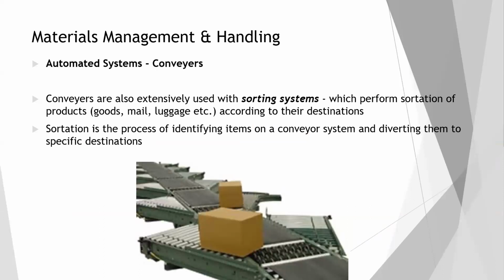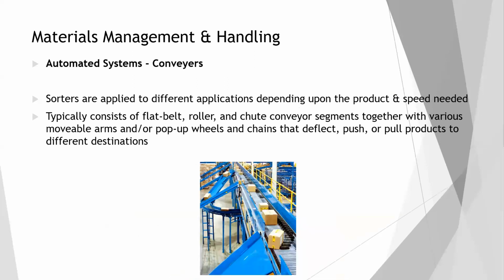Conveyors are also extensively used with sorting systems. Sorting systems perform sortation of products and goods. Mail is a very common one, and luggage, according to the different destinations that the products need to go to within a facility. Sortation is the process of identifying items on a conveyor system and then properly diverting them to specific destinations.